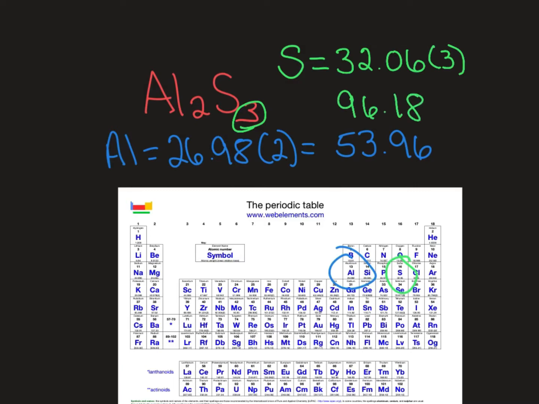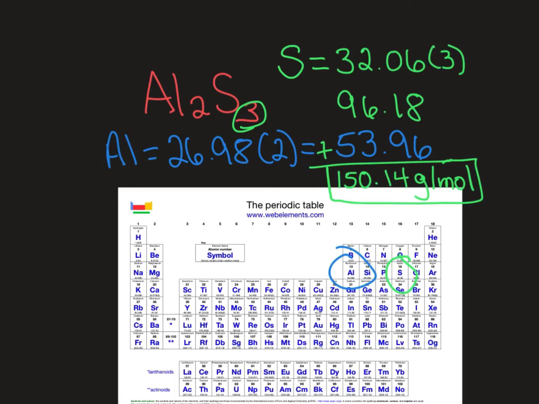So you have these 2 numbers, 96.18 and 53.96, and you will add these 2 together. I already have 1 in my calculator, so I just have to put the other one in, and I get 150.14. So the molar mass of aluminum sulfide is 150.14 grams per mole. So let's box our answer. And that's the answer. That's all there is to it.